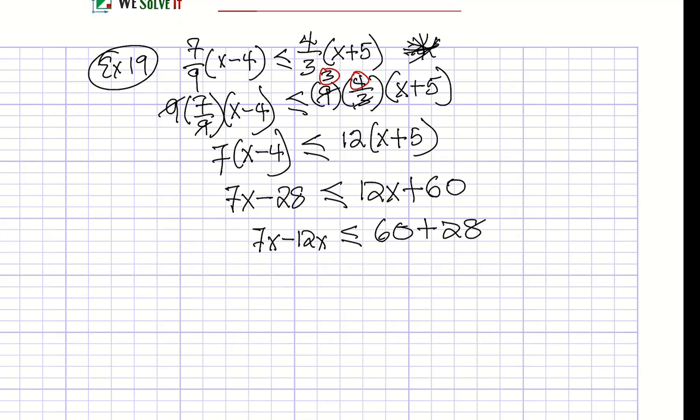We get, I think, negative 5x less than or equal to, what is that? That's 88. You see, right? So negative 5x, when you deal with minus 12x plus 7x, you get minus 5x.